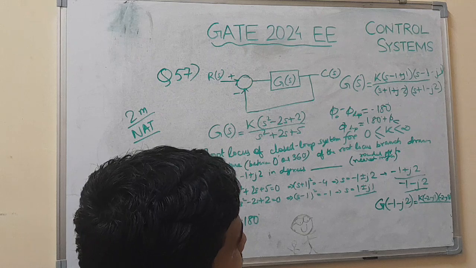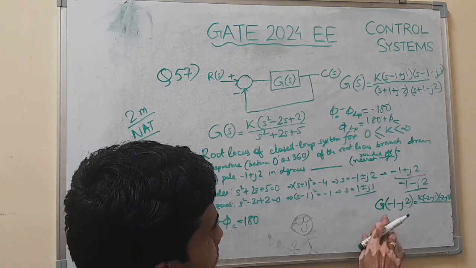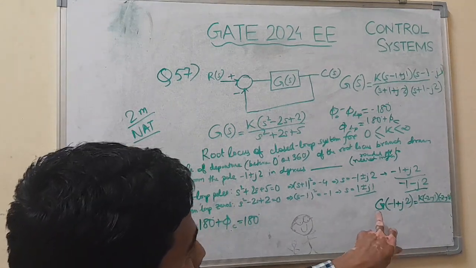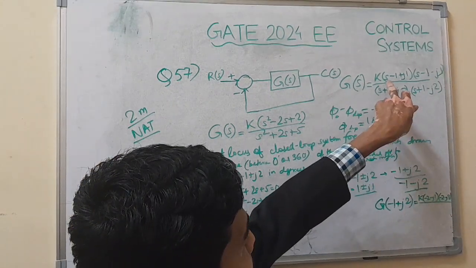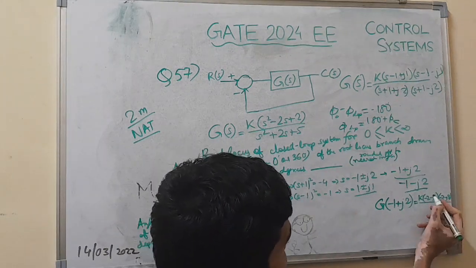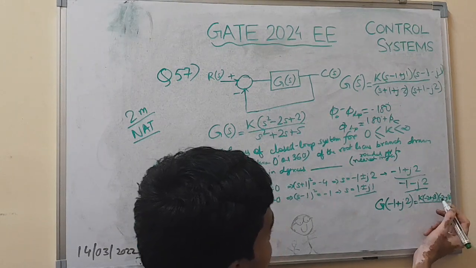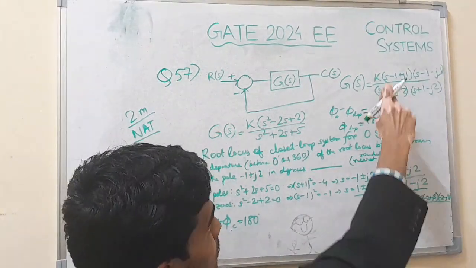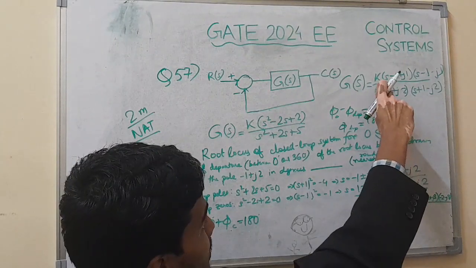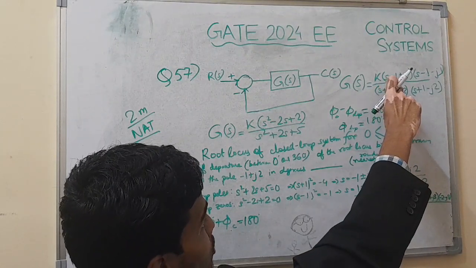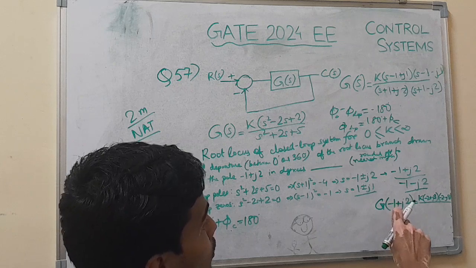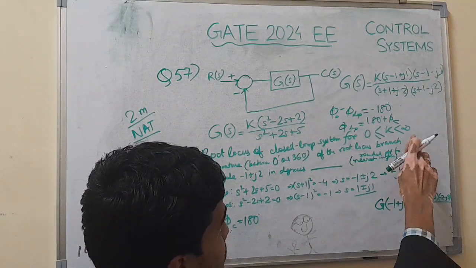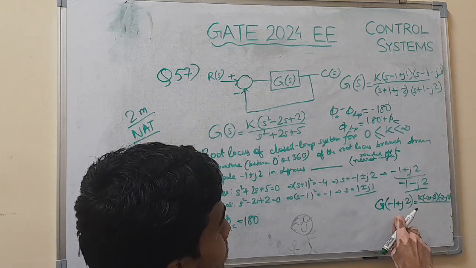Or we can directly substitute -1 plus j2 in this one only. So -1 plus j2 gives -1 plus j2 minus 1 plus j, so it will be -2 plus j3. And if you put -1 plus j2 in this term, you get -1 plus j2 minus 1 minus j, so -2 plus j1.